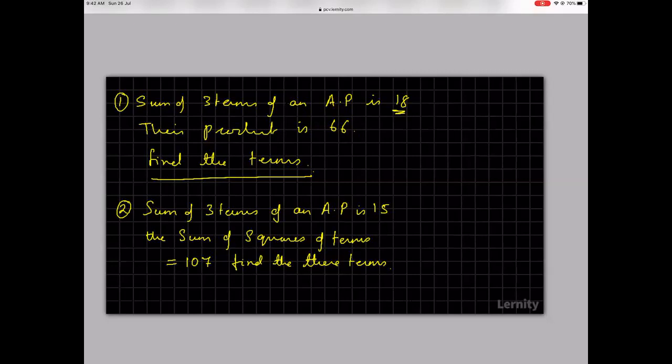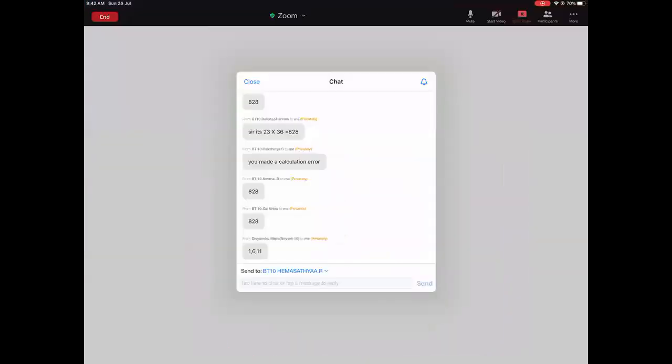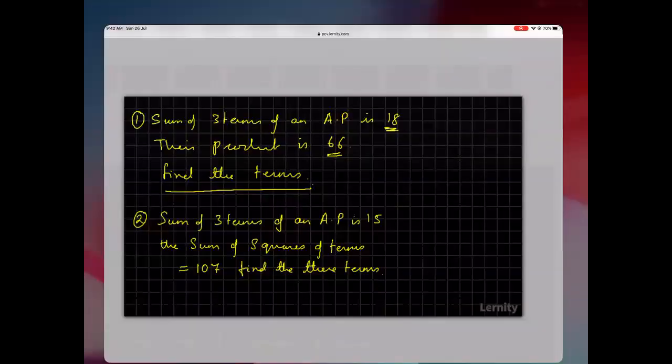The sum of 3 terms of an AP is 18. Their product is 66. Find the terms. Okay. So here I will guide you students.